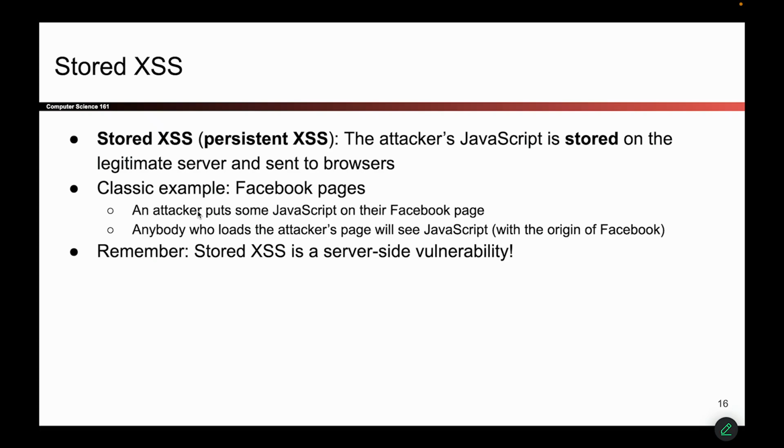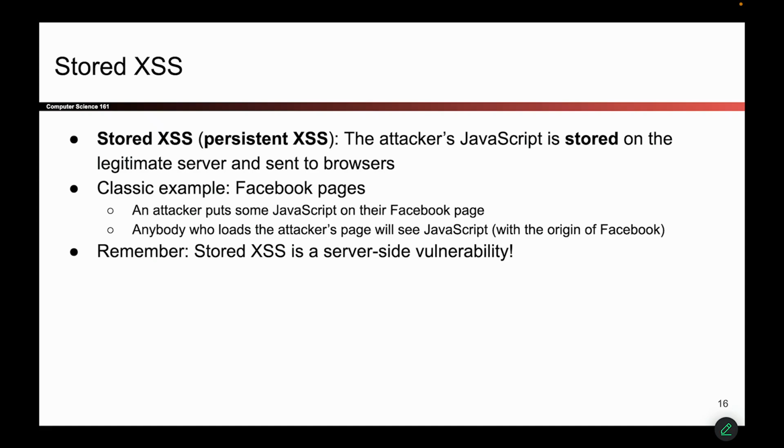So what that means is maybe an attacker, instead of posting their cat picture or posting a meme, writes some malicious JavaScript and presses post on their Facebook page. Well, now that malicious JavaScript is stored on Facebook servers forever, and anyone who wants to access the attacker's Facebook page will load it, and that JavaScript will get pulled and served to the browser.